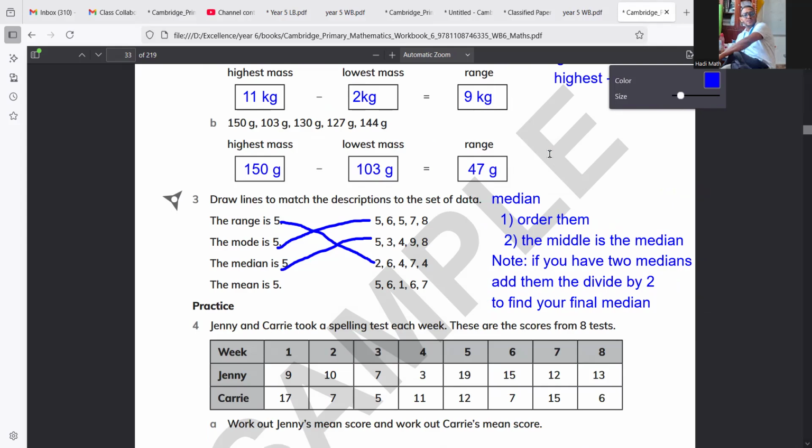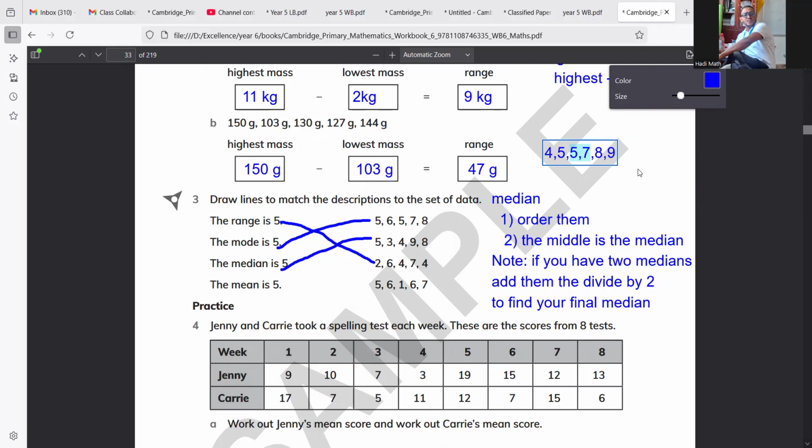Like for example, let's say here we have 4, 5, 5 again, then 7, and then let's say 8, 9. I ask you, what is the median? Here we have 6 numbers. Those 2 numbers are in the middle, because 2 here and 2 here.